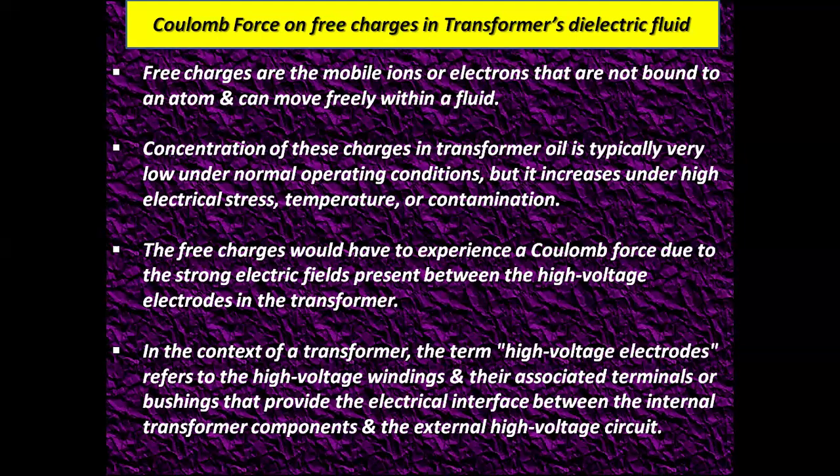In the context of a transformer, the term high voltage electrodes refers to the high voltage windings and their associated terminals or bushings that provide the electrical interface between the internal transformer components and the external high voltage circuit.